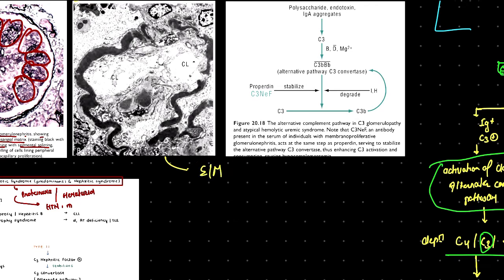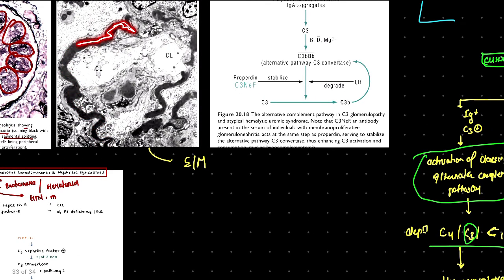What is going on here is the deposition of extremely dense material, as you can see right here. It is going to be deposited intramembranously, and as you can see the dense deposit gives a ribbon-like pattern. So this is also one of the most important points that we need to know.